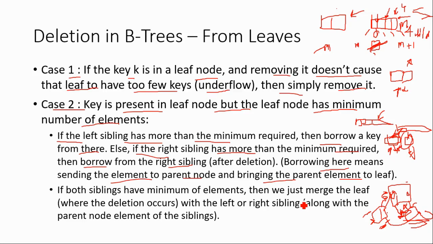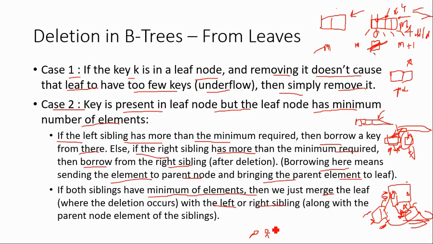The siblings had more than the minimum required number of keys, but it may happen that both the left and the right sibling of the node have the minimum number of elements required. In that case, what we should do is merge the leaf with the left or right sibling.